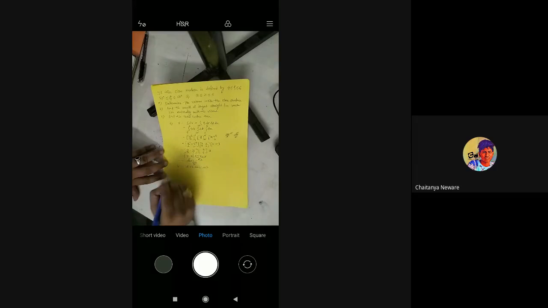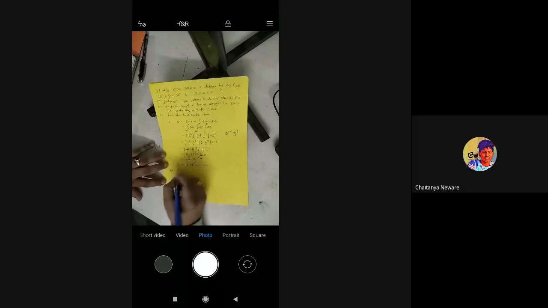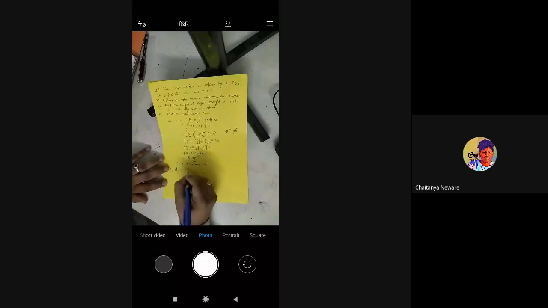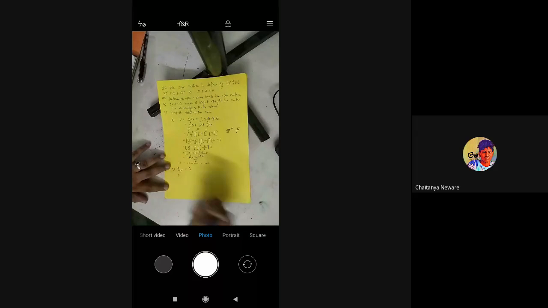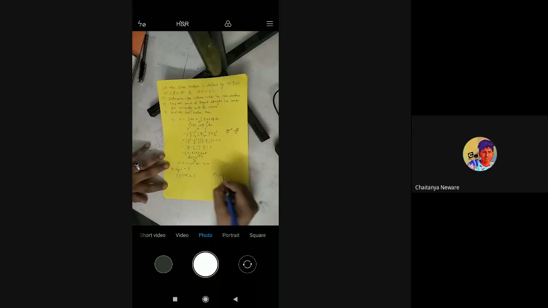Then we have to find the longest length, the distance P to P dash. So how do we find P to P dash? Suppose point P has the coordinates 4, 30 degree and 2, and P dash has the coordinates 6, 60 degree and 5.